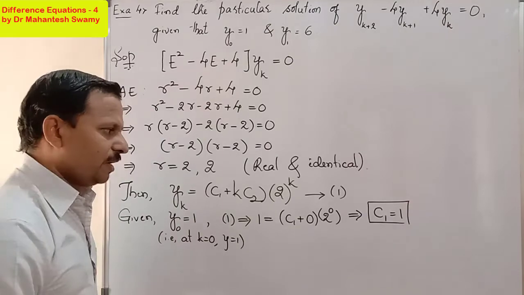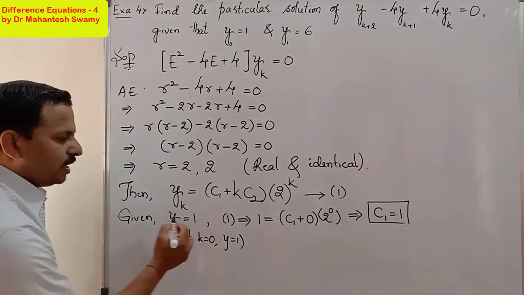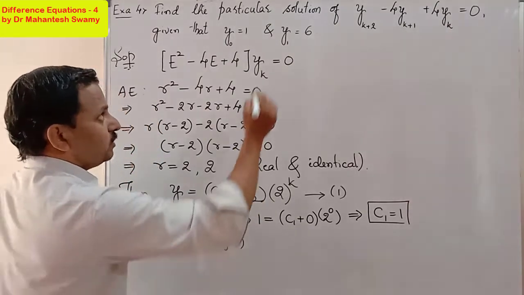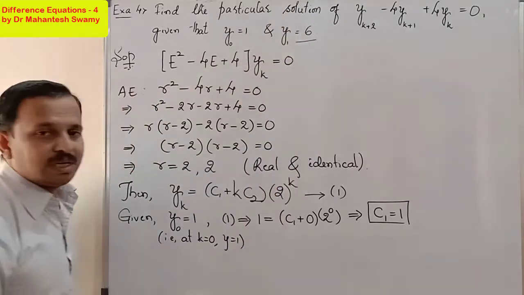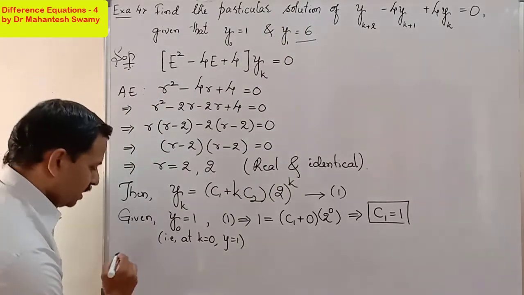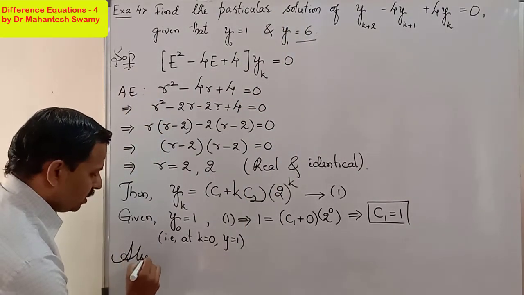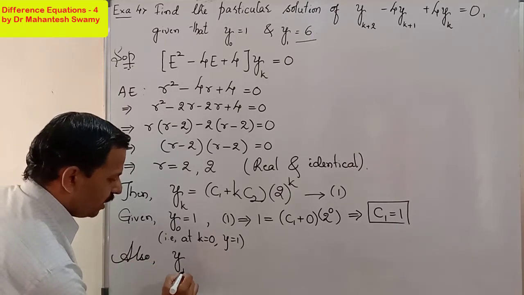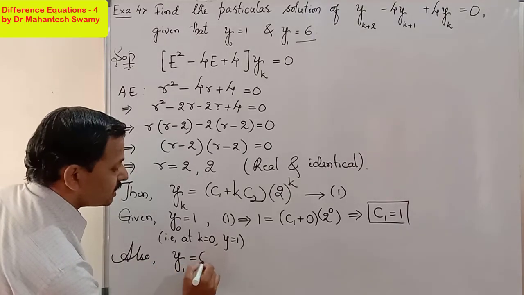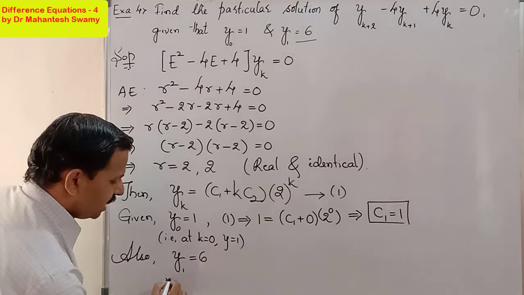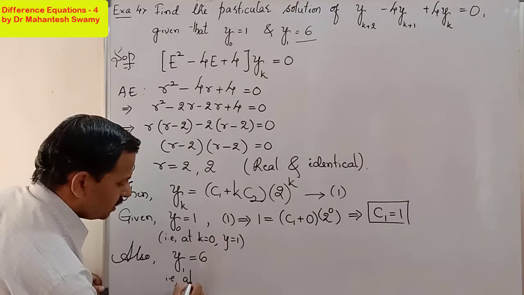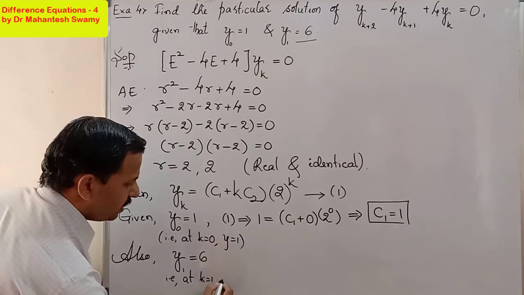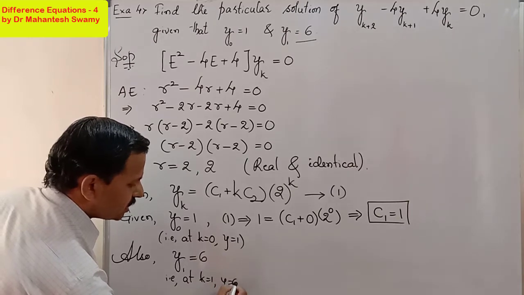So after having the value of c1 equal to 1, we can get the value of c2 by using the second prescribed condition, that is y1 = 6. What is the meaning of that? That is, at k = 1, the y value is 6.